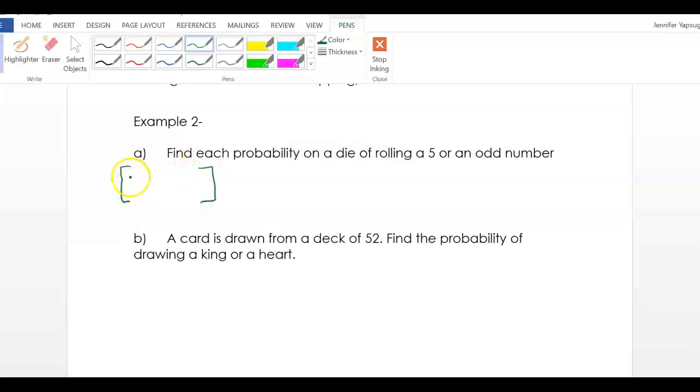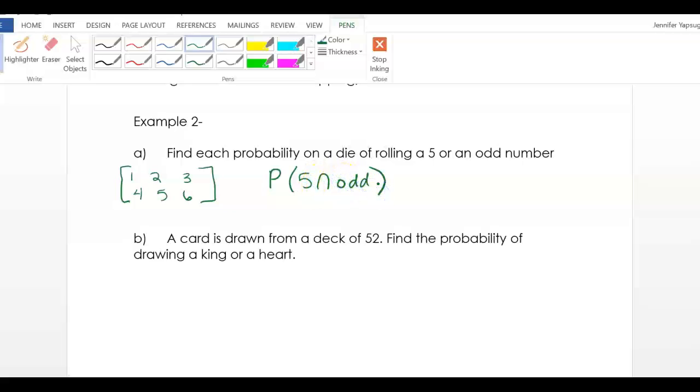So I know that there's 6 numbers on a die, right? 1, 2, 3, 4, 5, and 6. And if I'm asked to find the probability of rolling a 5 or an odd number.